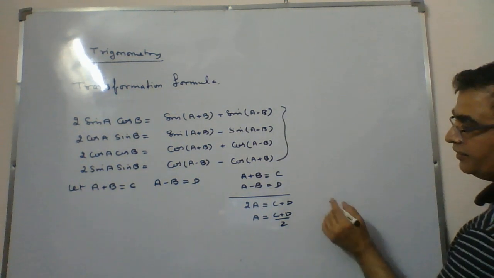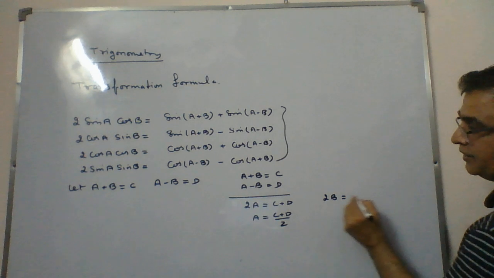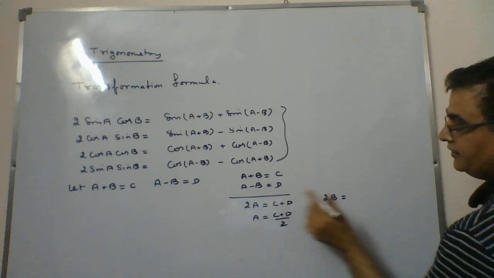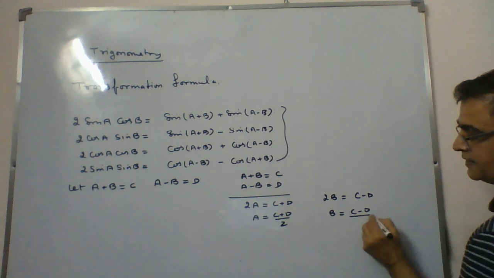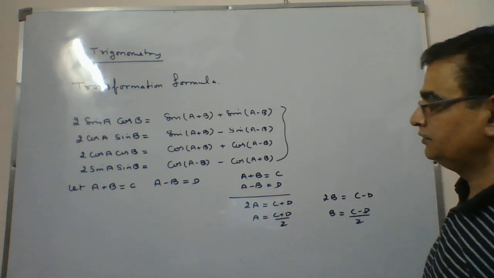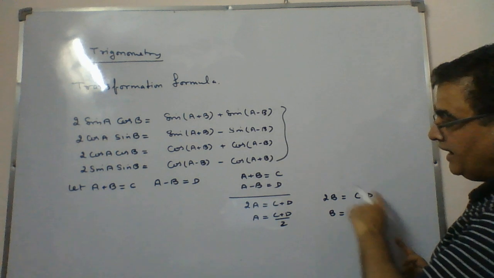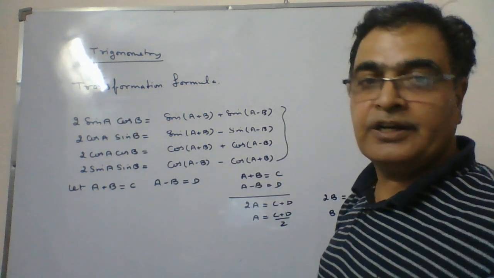And same way when you take the difference, it will come twice of B, C minus D, or we should say B comes out to be C minus D by 2.